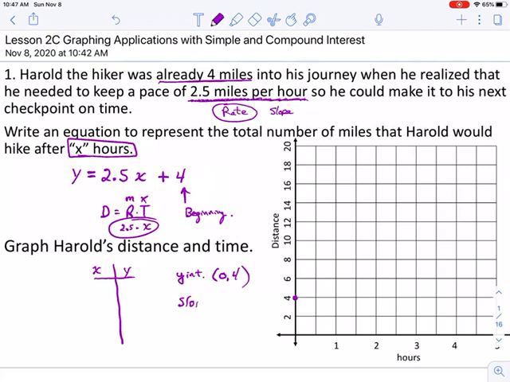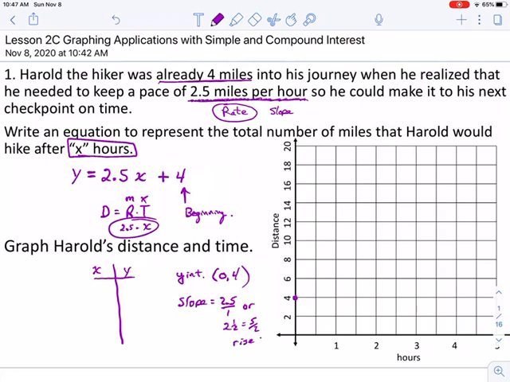If the slope is 2.5, then you can make that a fraction as 2.5 over 1, or 5 halves.